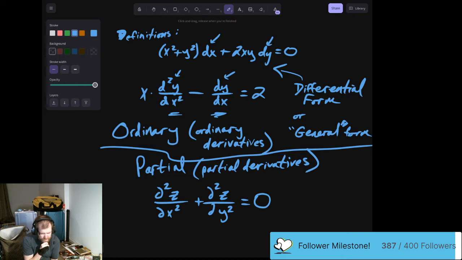Given two functions f and g, show that this is true.